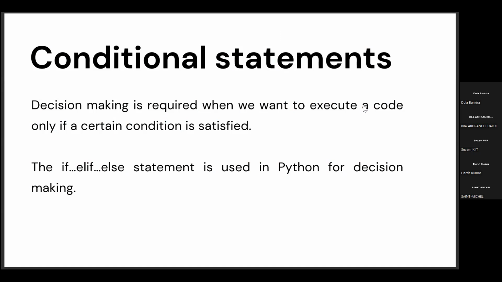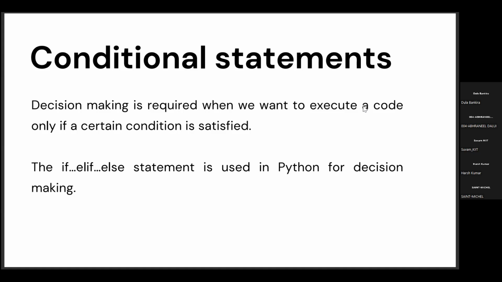Conditional statements are used for decision making. We have some conditions and we want to evaluate them, with answers like yes or no, true and false. That's where your Boolean values come in. Here, you want to execute code only if a certain condition is satisfied.